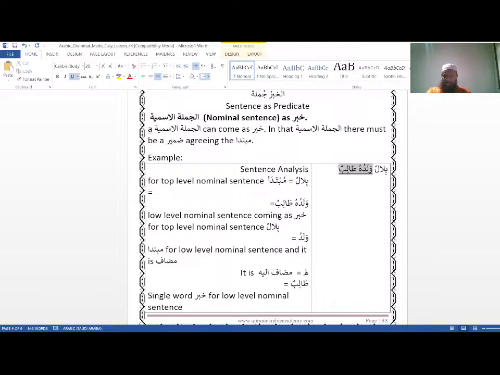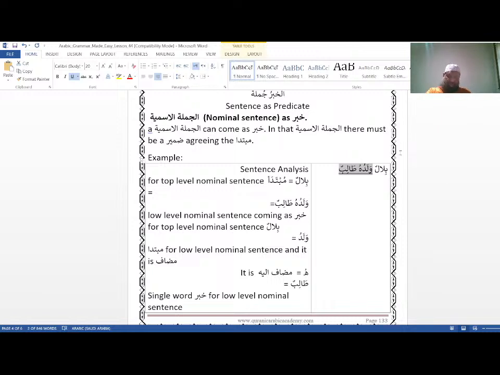But remember we said khabar has to be indefinite. Khabar has to be nakira. So where is nakira? One of the rules of khabar is that it is normally nakira.